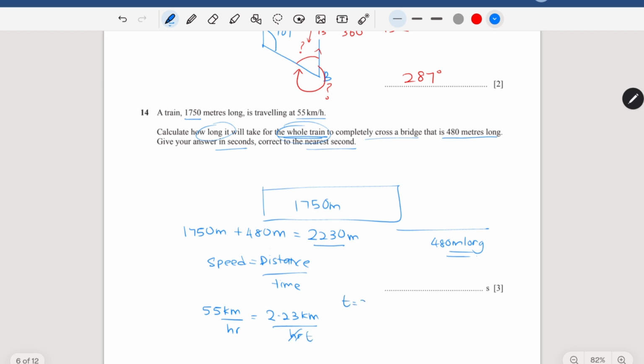Your time will be 2.23 divided by 55, which equals 0.04054 hour. The question is asking to convert to seconds. So 1 hour equals 3600 seconds. So your answer should be 145.96 seconds, but the question is asking for the nearest second. So your answer is 146 seconds.